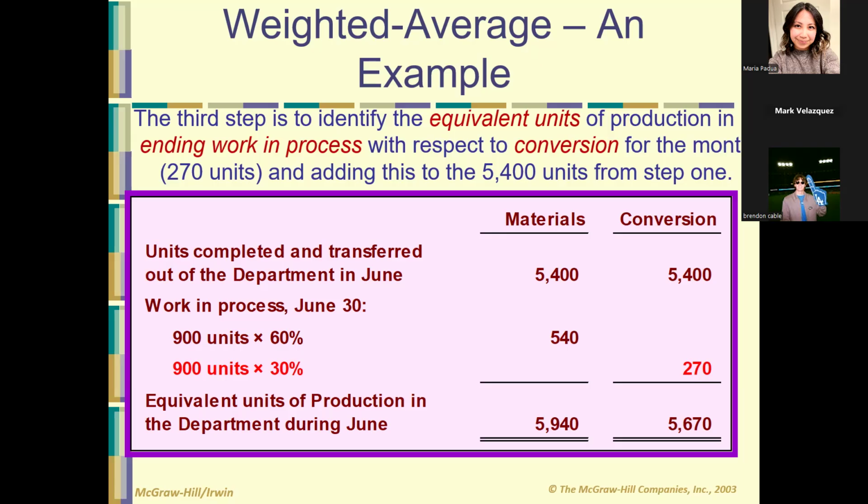But we have to know what the percentage of completion was in work in process. And they will give you these percentages. So how much was left in work in process? 900 units, 60% complete for raw materials, 30% complete for conversion.